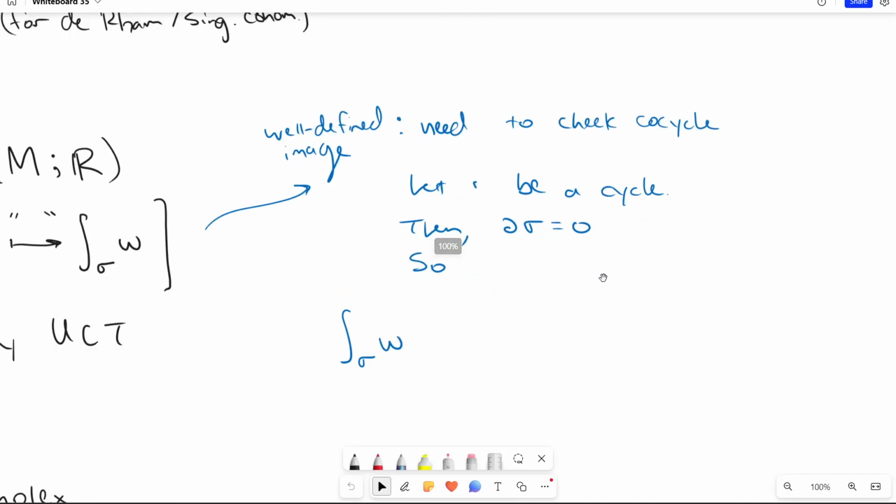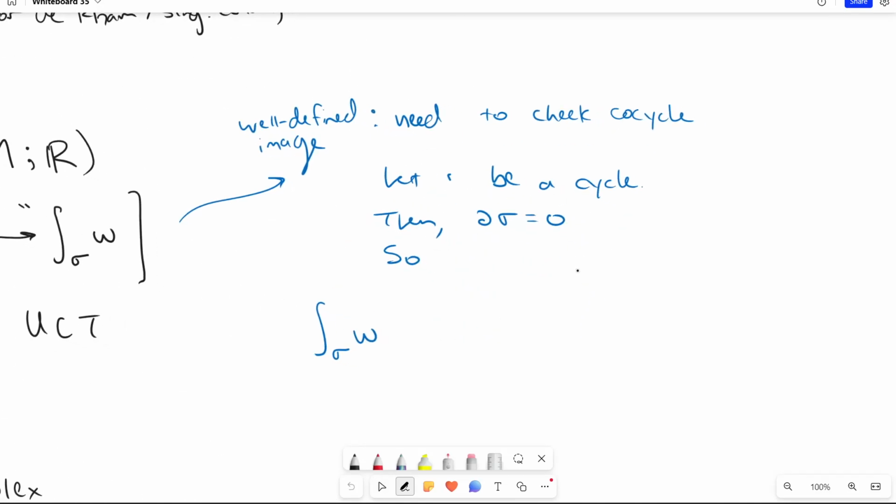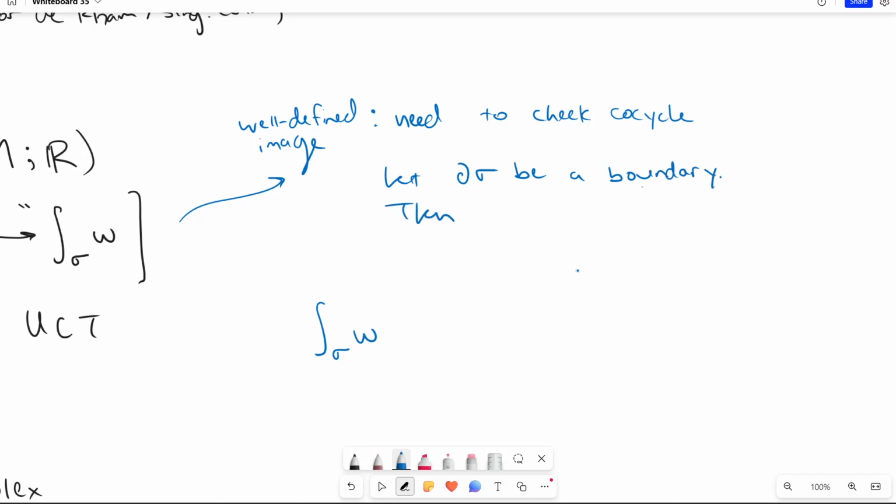All right, so where were we? To check that something's a cocycle, we need to say that it sends a boundary to 0. So let the boundary of sigma be a boundary. Then the integral over the boundary of sigma of omega, by Stokes' theorem, we'll get a similar Stokes' theorem for this integration on chains.